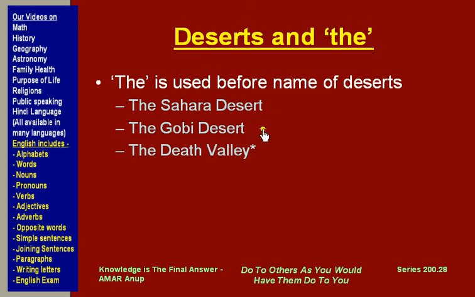The Gobi Desert, it's in China, the Gobi Desert. The Death Valley, it's a desert in Southwest America, and so we use the before the name of the deserts. The Sahara Desert, the Gobi Desert, the Death Valley, it's the name of desert.